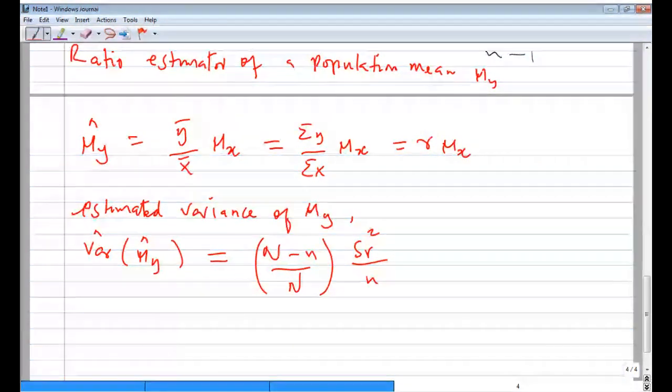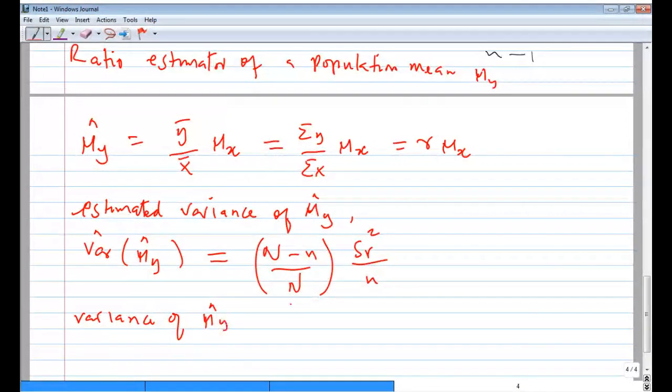But if you want to find the variance of the estimated population mean, remember this one is the estimated variance of the estimated population mean. So now let's say you want to find the variance of the estimated mean.